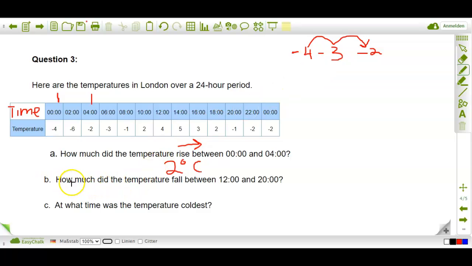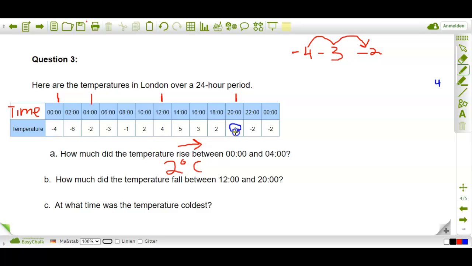Now part B asks, how much did the temperature fall between 1200 hours and 2000 hours? So this is 1200 hours here, this is 2000 hours here. We are going, let me use a different color ink, from 4 to -1. I should write the 4 to the right because positive numbers go to the right.